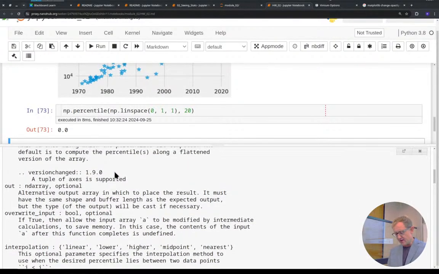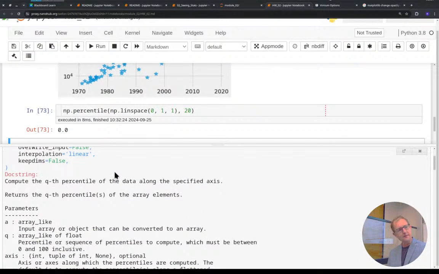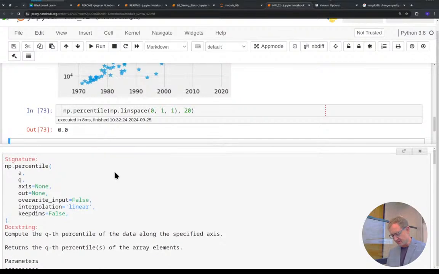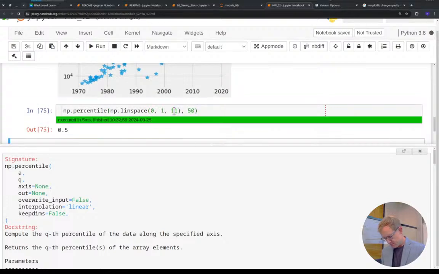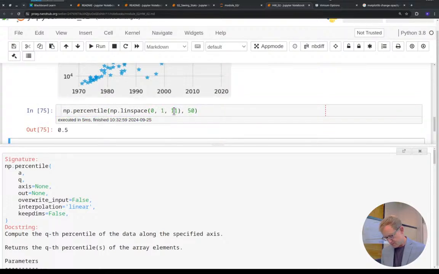I do not know how to use that percentile function that you were using. Because if I look at 0 to 1, that's only one value. Well, maybe we can take the average before.